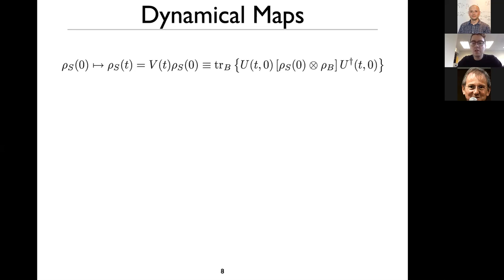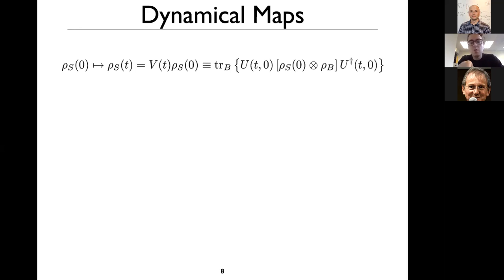Suppose this is initially prepared in an uncorrelated state, so our total state rho is given by rho S tensor product with rho B. Then the transformation between the reduced density matrix rho S at time t equals 0 and a later time t can be written in the following way, as given at the top of this slide.